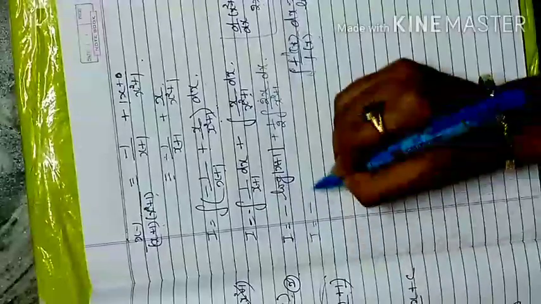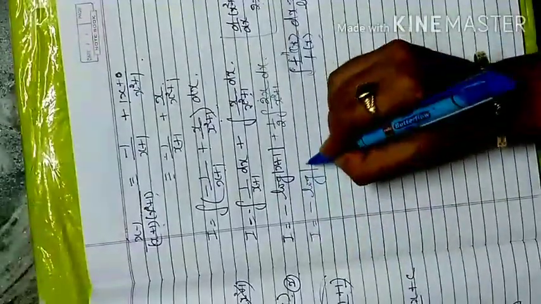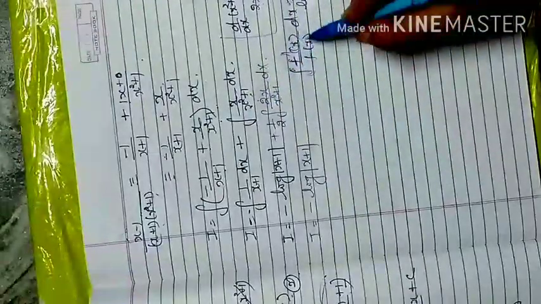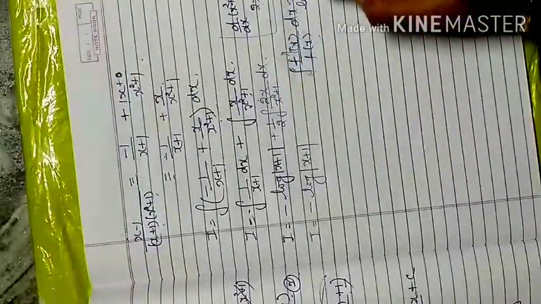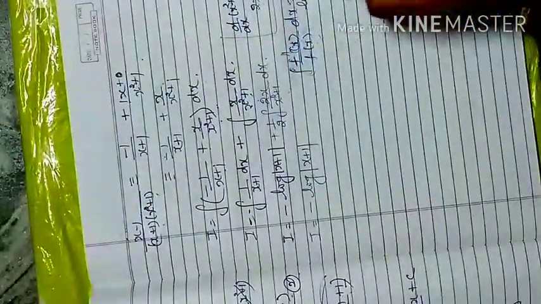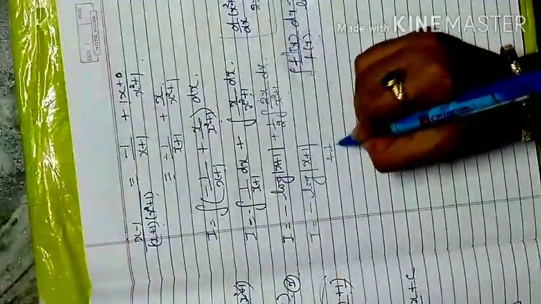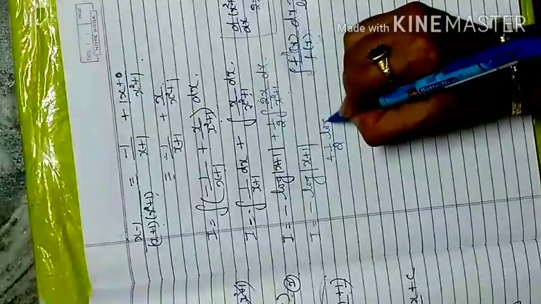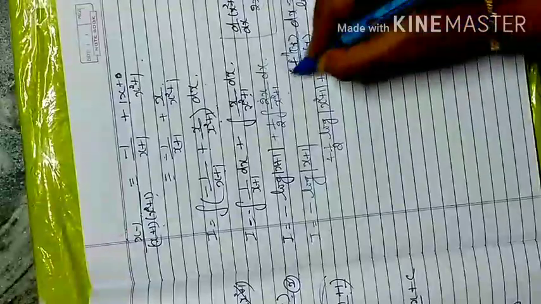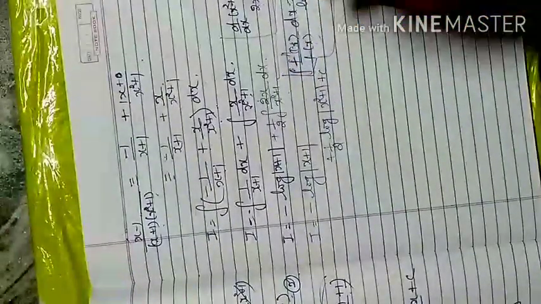Then I is equal to minus log x plus 1, and here exactly this term is of the form f dash x upon fx dx is equal to log fx. So I can directly write in place of this plus 1 by 2 log x square plus 1 plus c. So that is my required answer.